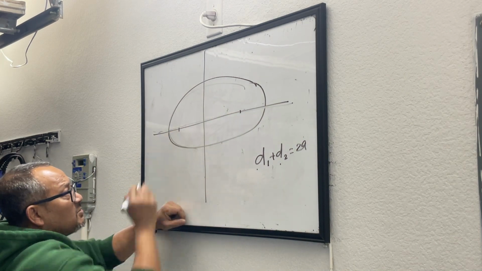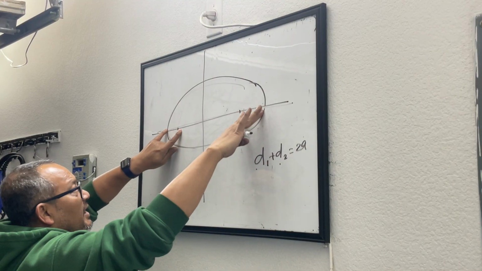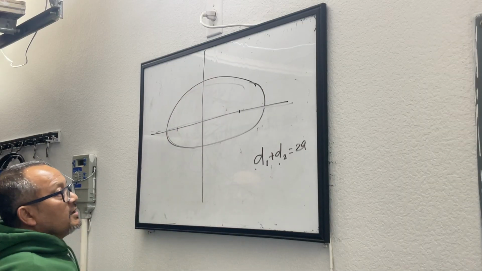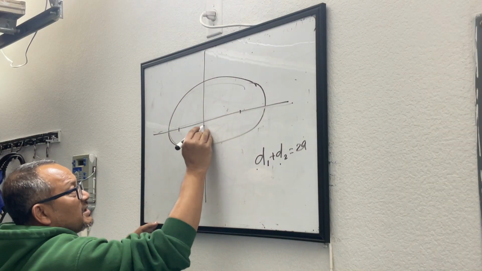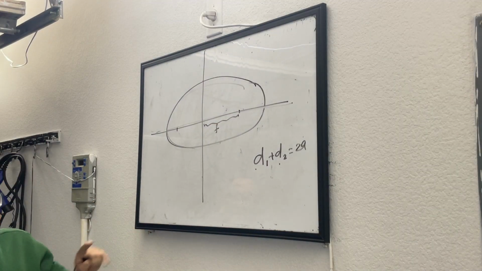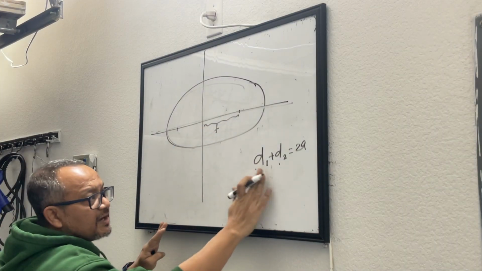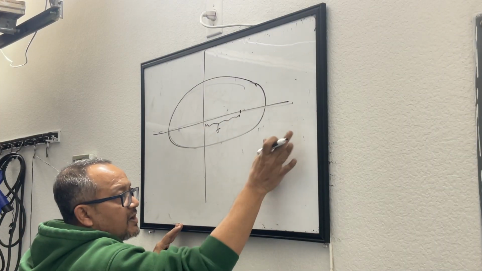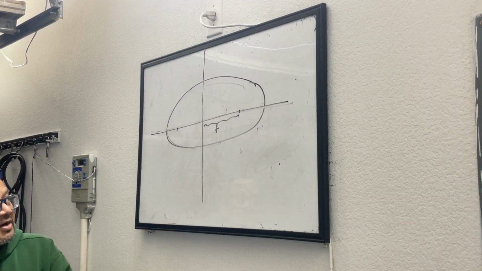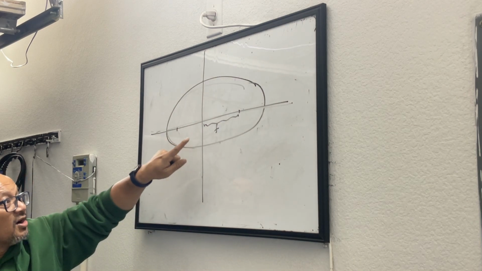The only thing that you have to assume or believe is these 2 points are equidistant from the ends or from the origin. So let's first find out, let's say this distance is f. First we'll come to this one later. First we are trying to find out how far the foci are from the origin.